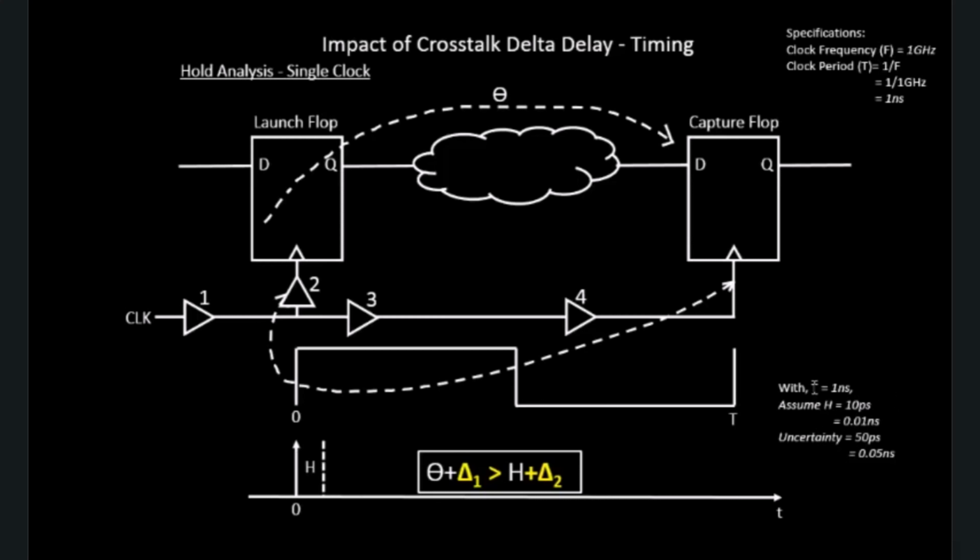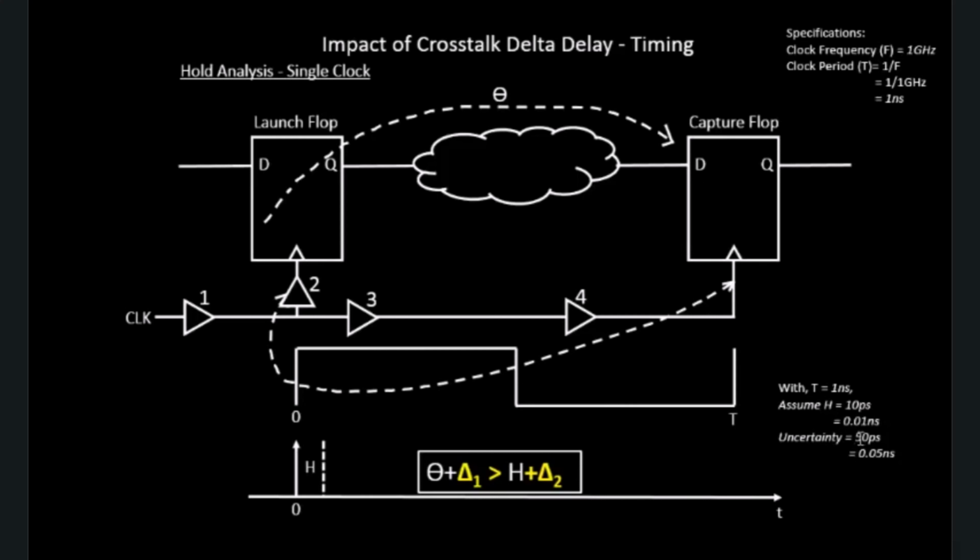So when you have the clock period as 1 nanosecond, by the way, the clock period doesn't have any impact on the hold timing. Let's assume the hold time be 10 picoseconds. It's basically the processing time that we have inside the capture flop. Also let's consider the uncertainty to be 50 picoseconds.